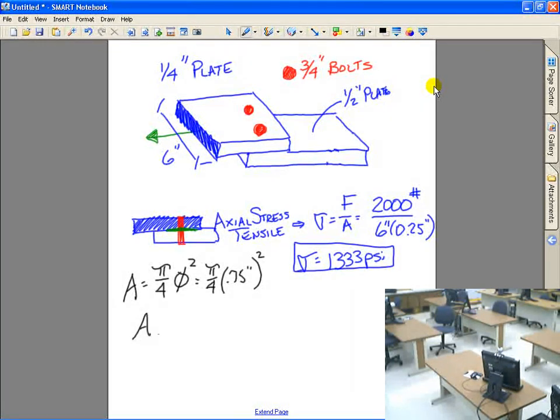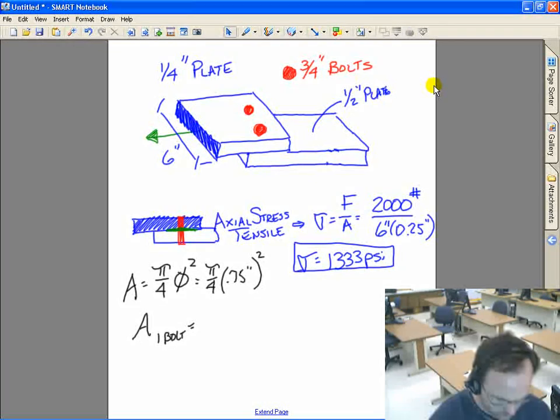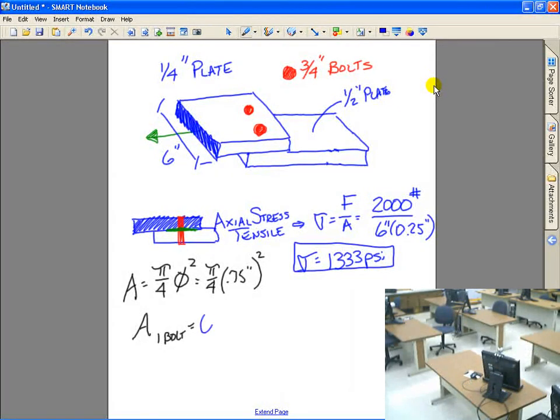So my area of one bolt is going to equal 0.442 inches squared.